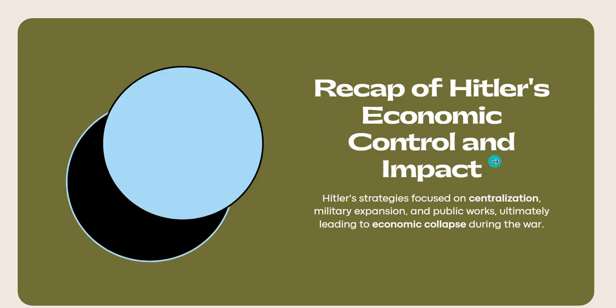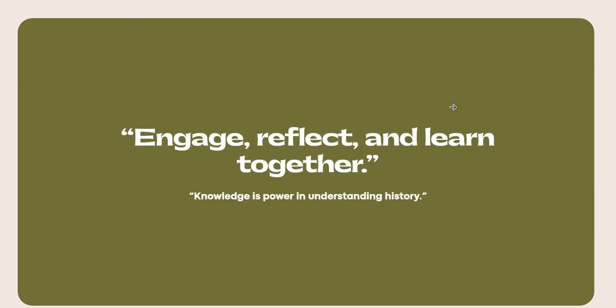By turning it into a centralized war economy focused on rearmament and military production through state control, public works, and labor force expansion, he reduced unemployment and strengthened the military. However, this system relied heavily on war and conquest. Once Germany began losing its territory and resources, the economic system collapsed along with the Nazi regime, meaning the Nazi regime fell after the end of the Second World War.